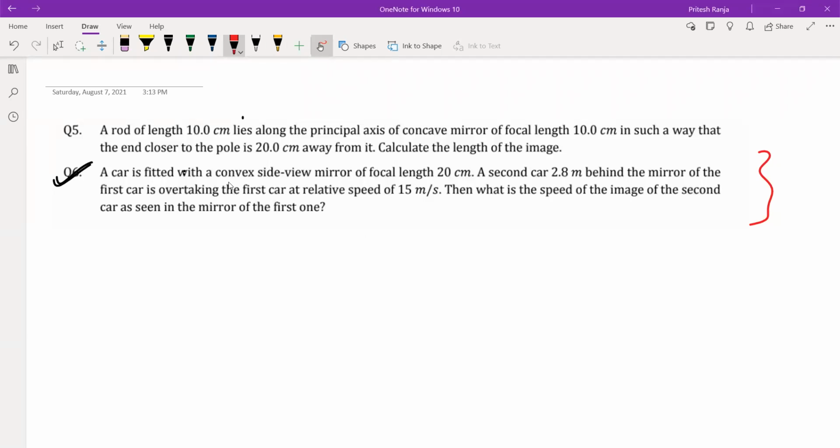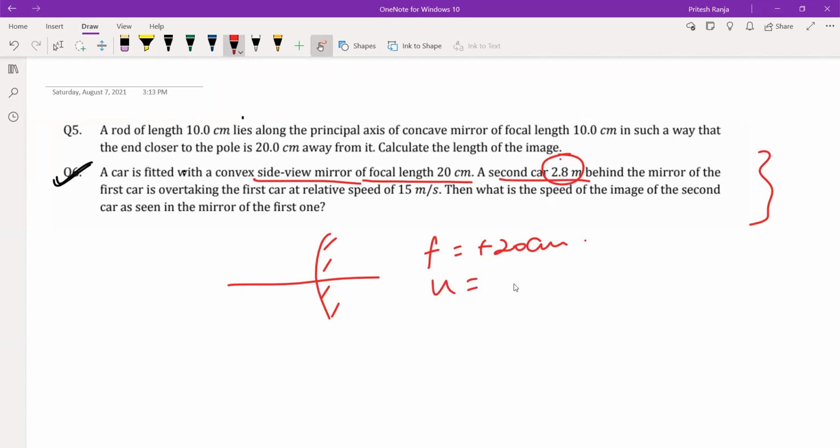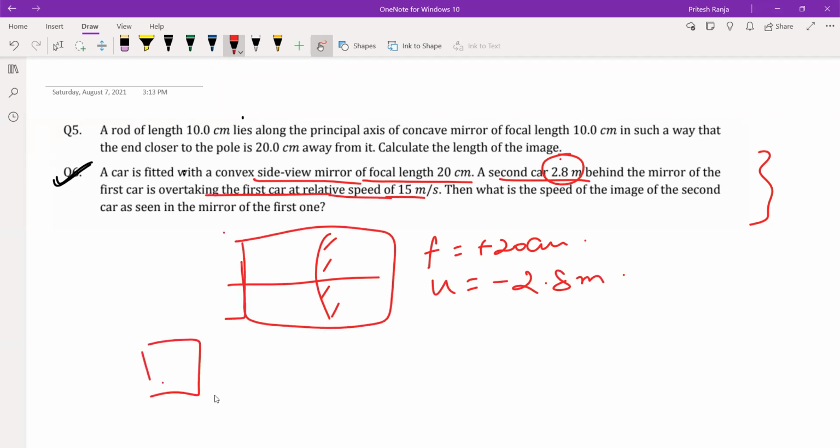So a car is fitted with a convex side view mirror of focal length. There is a convex mirror. So focal length is 20, so we'll write plus 20. A second car 2.8 meters behind, that means object distance is minus 2.8, is overtaking the first car at a relative speed of 15 meter per second.